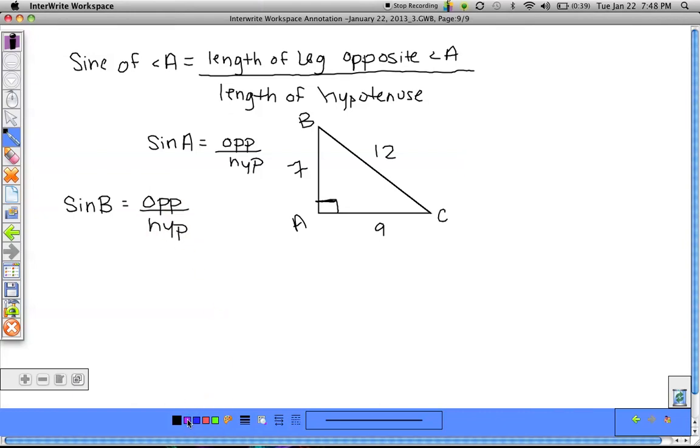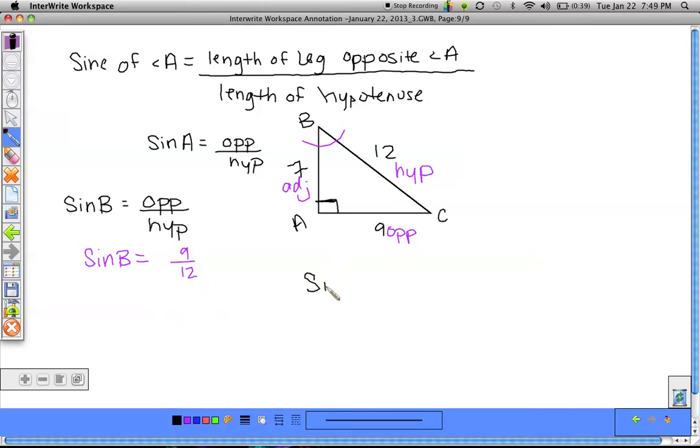Looking at B, we know that 9 is opposite, 7 is adjacent, and 12 is the hypotenuse. So the sine of B would be the opposite over the hypotenuse, so it's going to be 9 over 12.